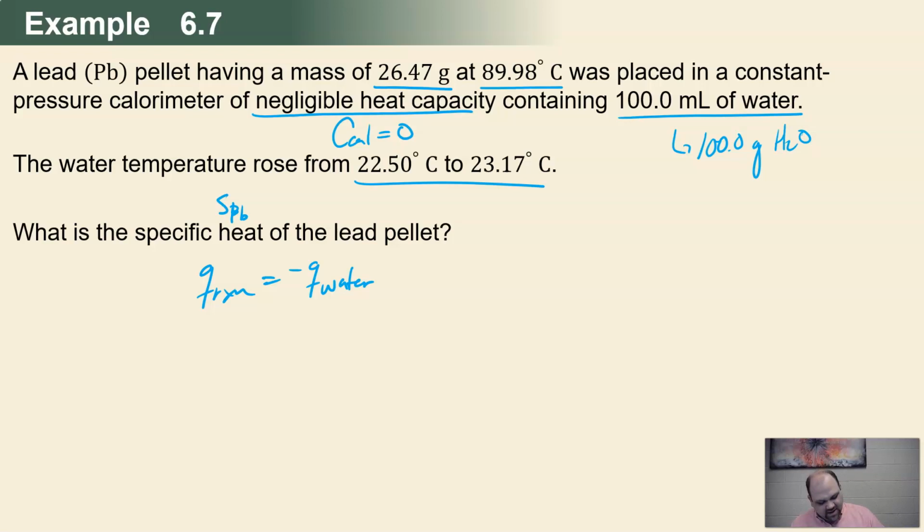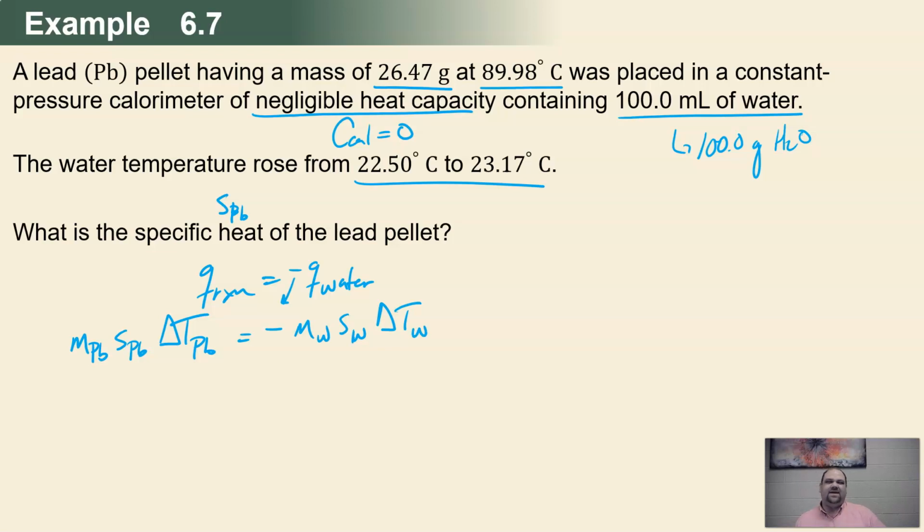And so I'm going to write this out, expand this out. The mass of the lead pellet, I'm just going to write that Pb, times the specific heat of Pb, times the temperature change for Pb, is equal to negative, I can't forget that negative sign, the mass of the water, the specific heat of the water, and the temperature change for the water.